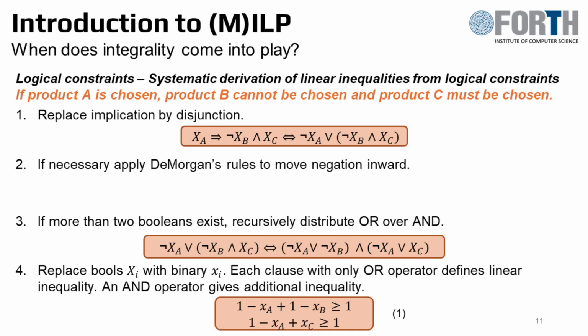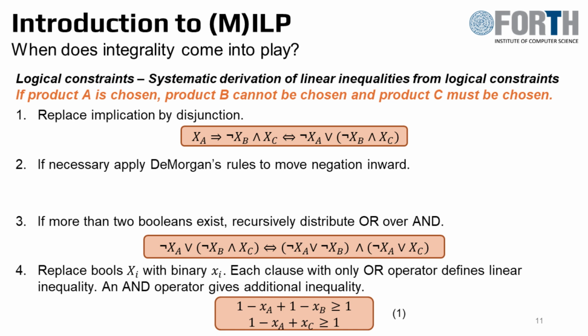Logical constraints can be converted into linear inequalities in a very systematic way, and the procedure follows a small set of repeatable steps. Start by eliminating implications. Any statement of the form if, then, is rewritten as a disjunction, so the logic is expressed using OR rather than an implication operator. Next, if negations are present in inconvenient places, push negations inward using De Morgan's rules.